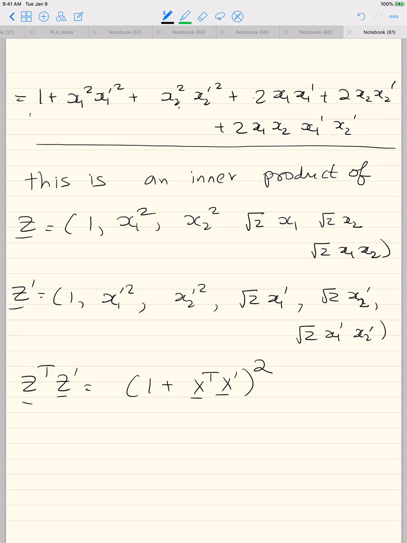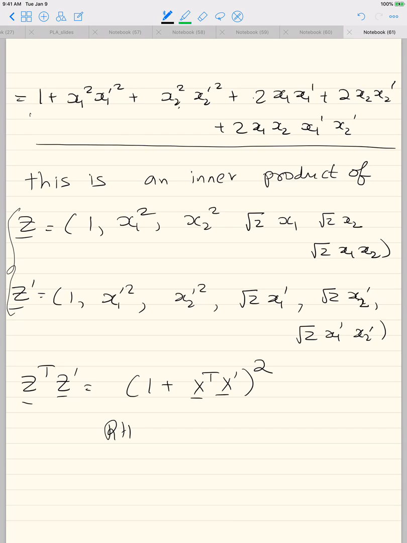And note that there is no real difference between defining z this way and the original way. They will lead to the same solution because the constant factors of square root of 2 will not make any difference. So we have now found a simple way to compute the inner products without having to explicitly compute z and z prime and then take the inner products.